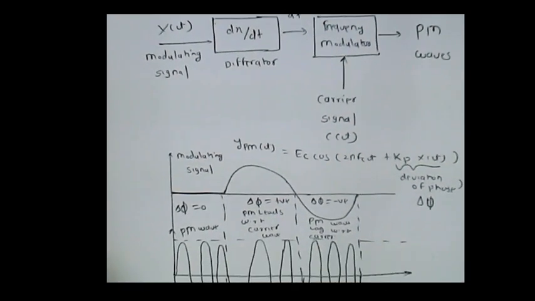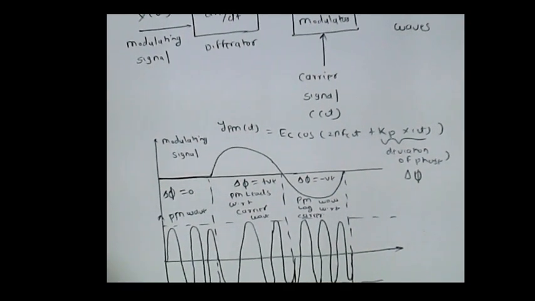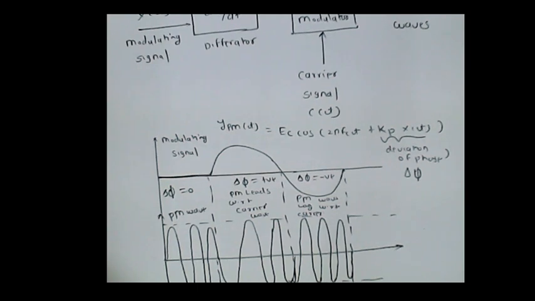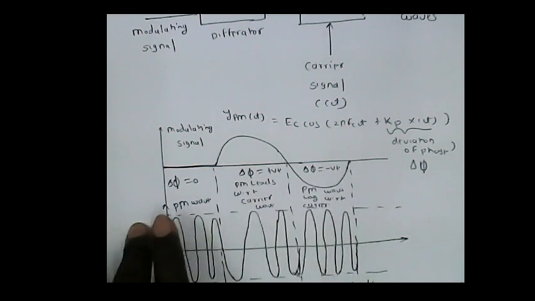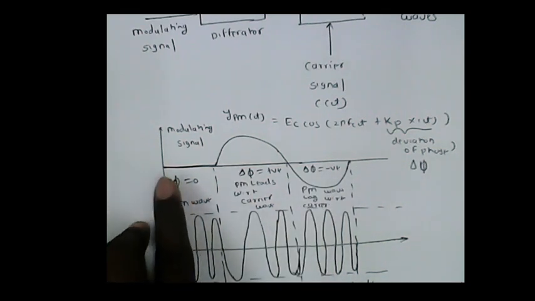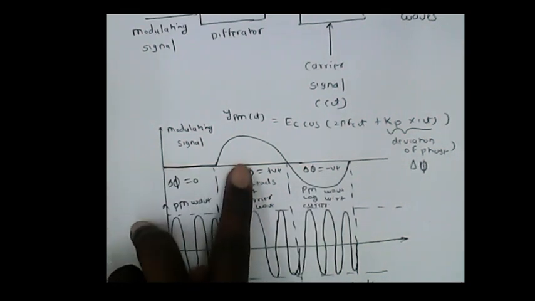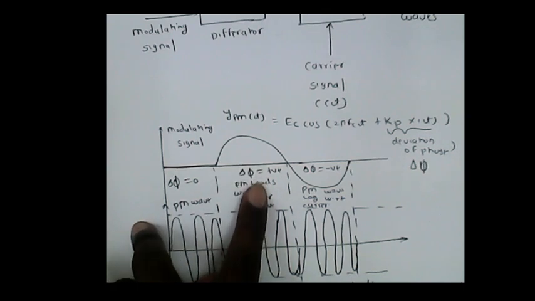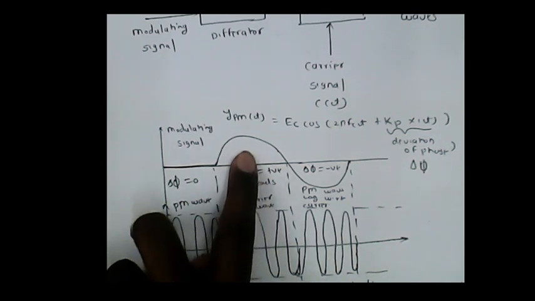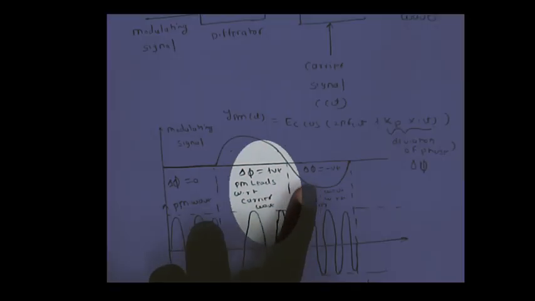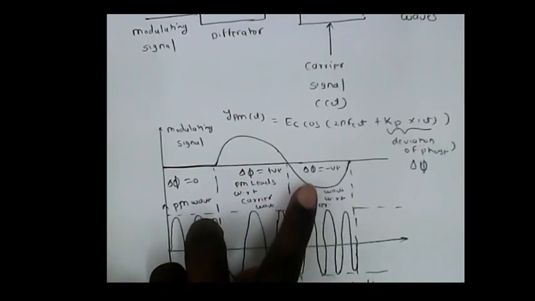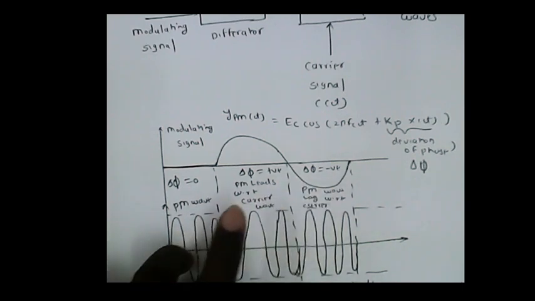So here we see the waveform of the PM wave. This is the modulating signal, where the phase of the carrier signal is 0; where the amplitude is maximum the phase is maximum, and where the amplitude is negative the phase deviation is minimum.